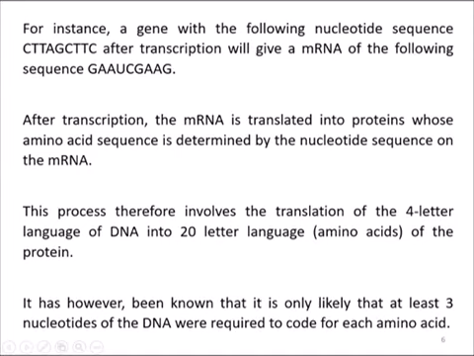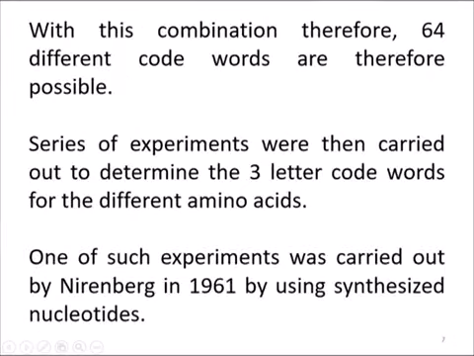This process therefore involves the translation of the 4-letter language of DNA into the 20-letter language of amino acids of the protein. It is known that at least 3 nucleotides of the DNA are required to code for each amino acid. With this combination, 64 different code words are possible.